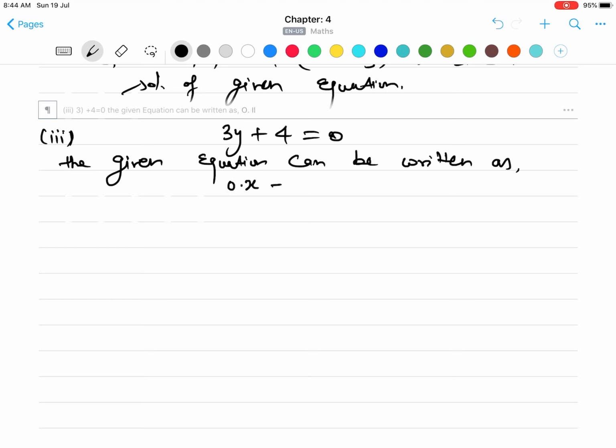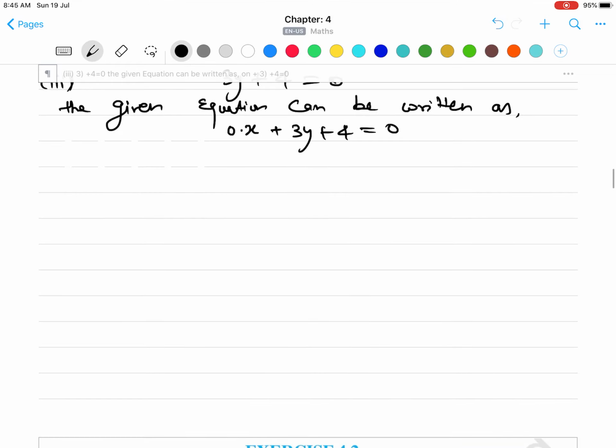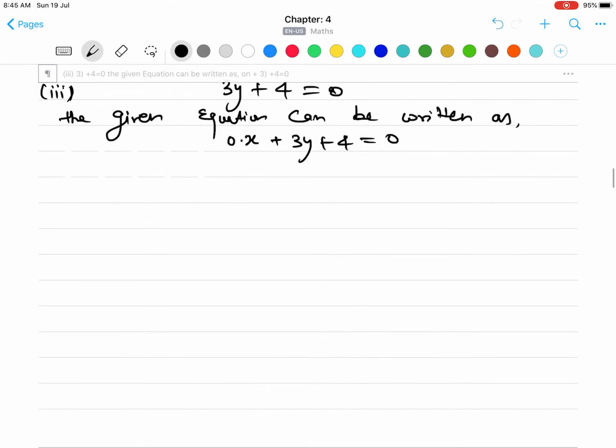So 0x plus 3y plus 4 equals 0. Okay, so that's now the equation in two variables. Why have we taken the x variable term? Because we have to find a solution, and the solution of a linear equation has the values of both x and y.